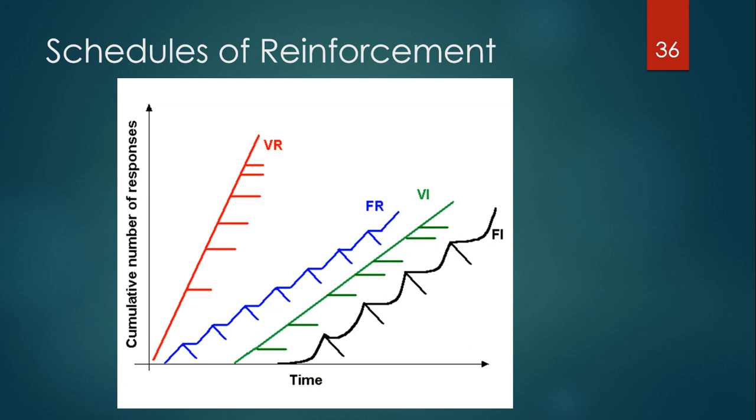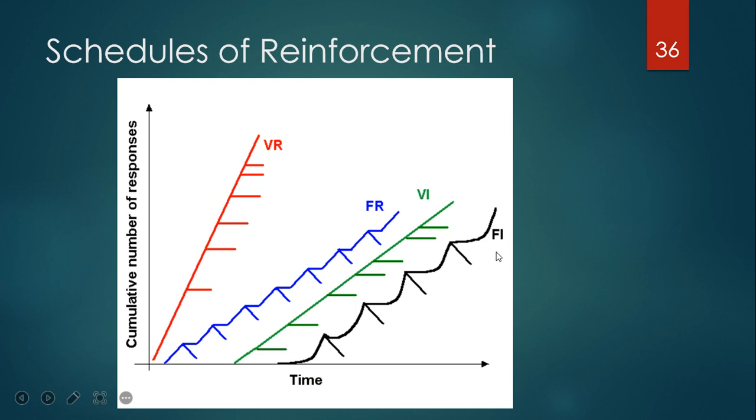Sometimes they get rewarded for the first lever press after a minute, but it varies around an average of, say, 45 seconds. So if that's the case, we see just kind of a gradual increase in the amount of behavior. So this rat is just kind of pressing that lever in a pretty consistent way because they don't know which lever press is going to get rewarded. It could be the next one, but it's just not quite as extreme as this variable ratio red line.